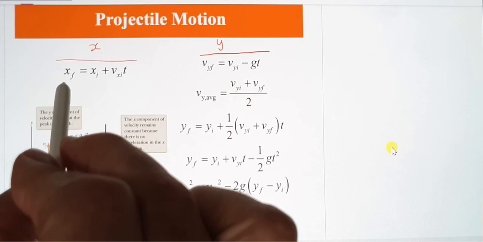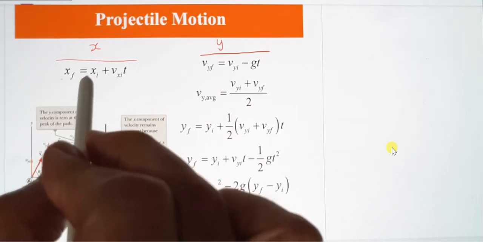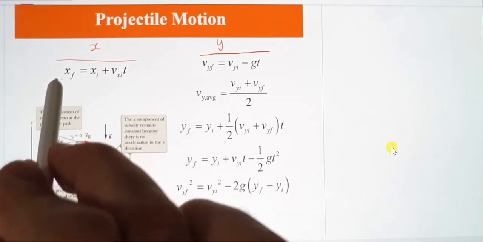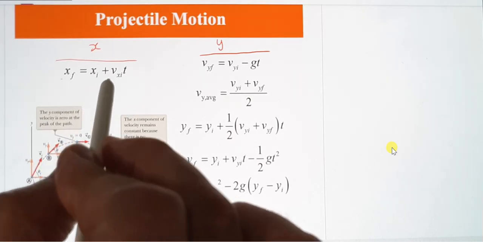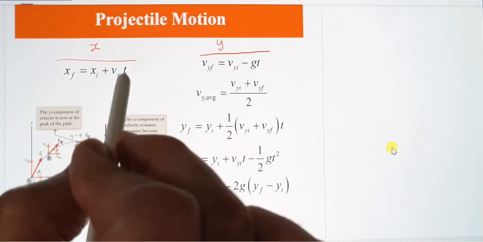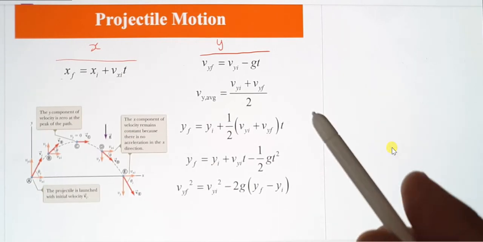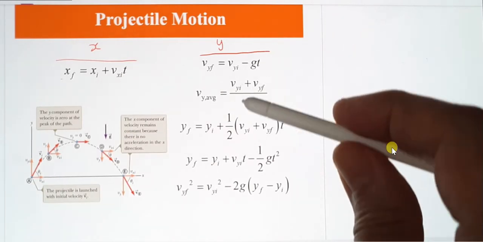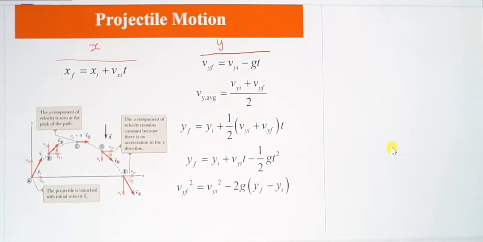The only equation that we are going to use is this one: x final is equal to x initial plus v naught x multiplied by t. And in the y-axis, it's the kinematic equations of free fall, because free fall means g, or acceleration, is constant. So we can use all the equations of free fall.